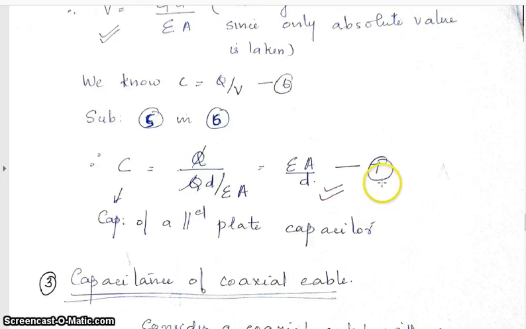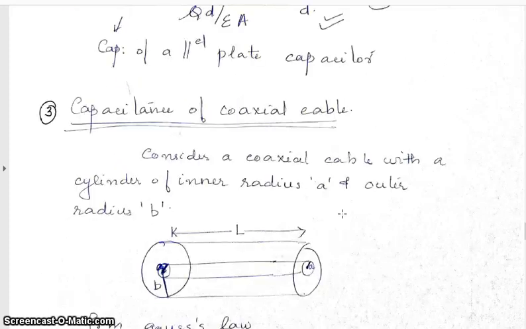That is equation 7. And this is the expression for the capacitance of a parallel plate capacitor, C is equal to epsilon A by d. I think this expression also you might have studied in your plus one, plus two. Clear?